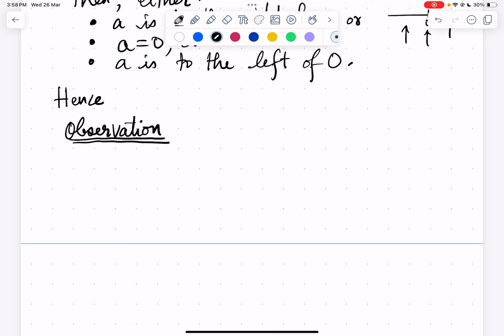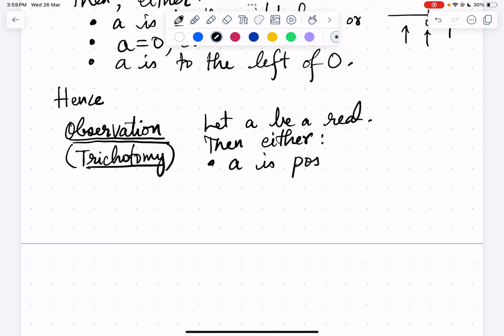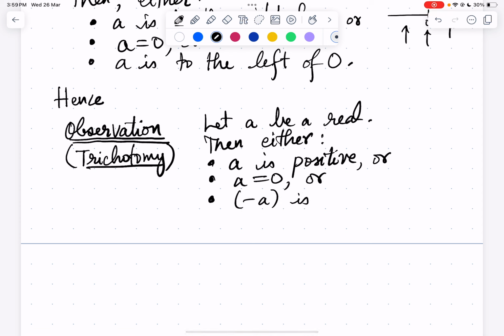So this is called trichotomy. Let A be a real, then either A is to the right of 0, that is A is positive, or A is 0, or A is to the left of 0, that is minus A is positive.